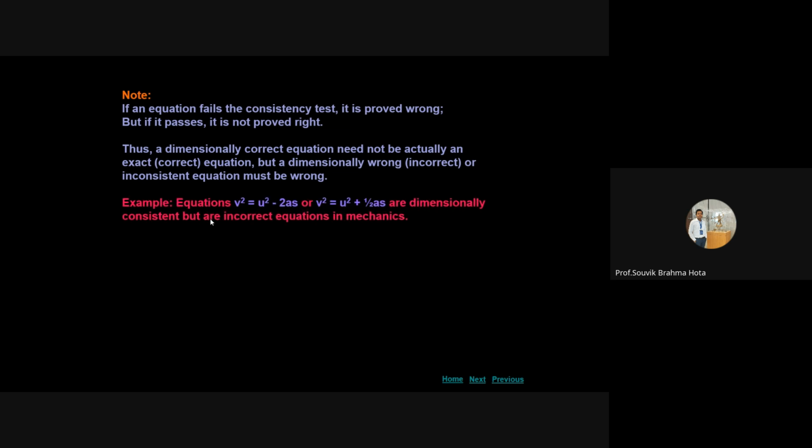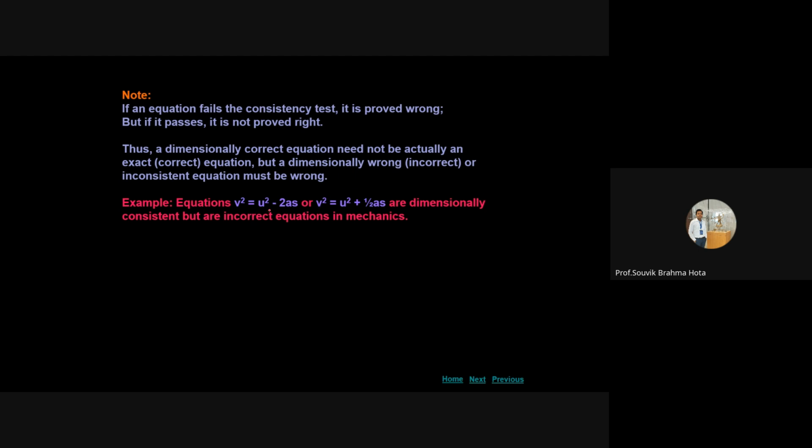Suppose the equations v square is equal to u square minus 2as, or v square is equal to u square plus half as, are all dimensionally consistent in terms of mechanics.